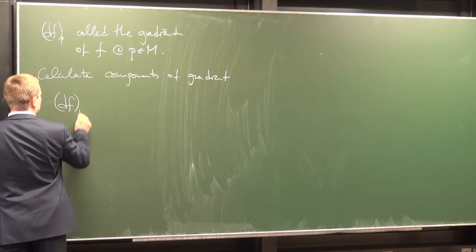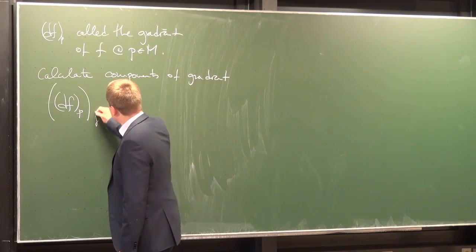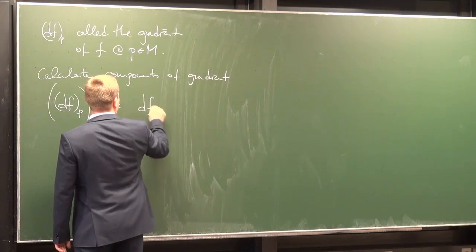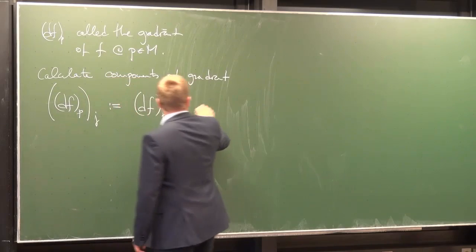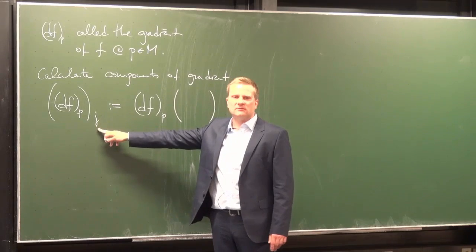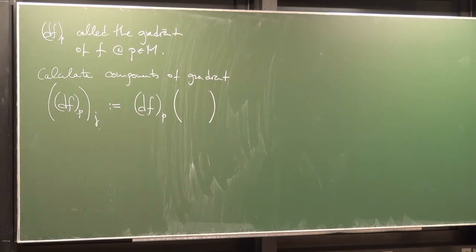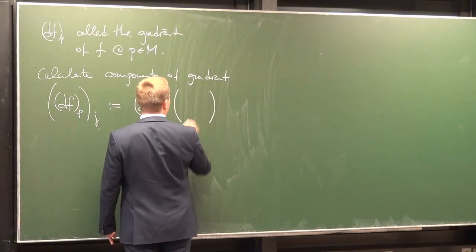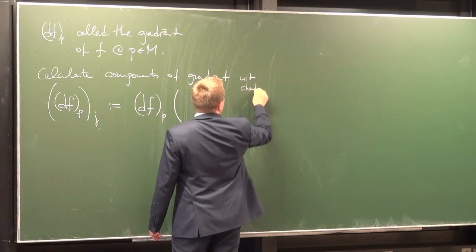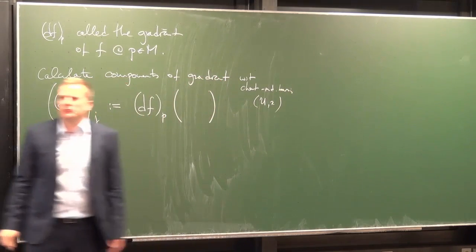Well, you write down the tensor abstractly, and if it's a 0-1 tensor, it has one index down. How are the components defined? Well, you take the abstract tensor and you plug in the basis with respect to which you wish to get the components. A 0-1 tensor eats one element of the vector space, and say we want the components of the gradient with respect to the chart-induced basis for the chart x. Why not?